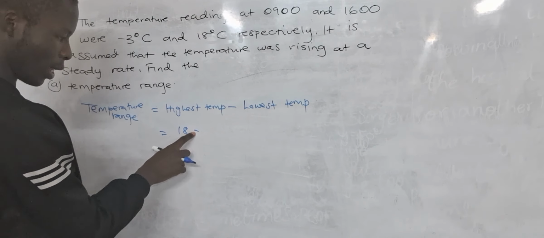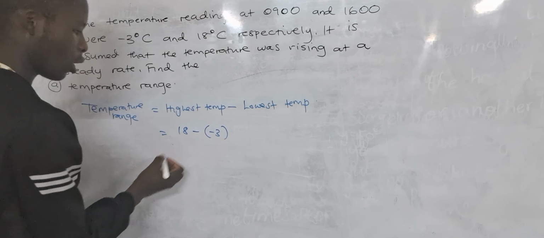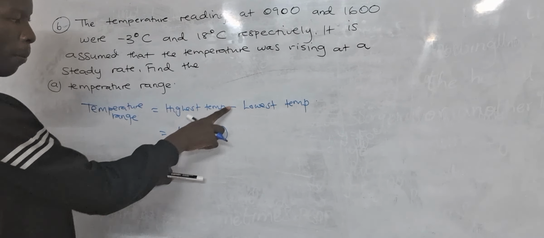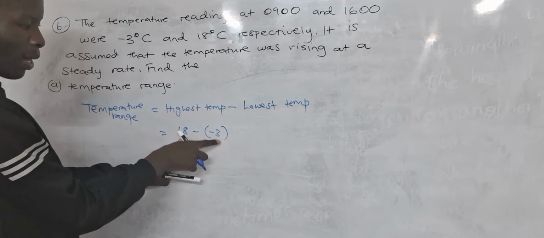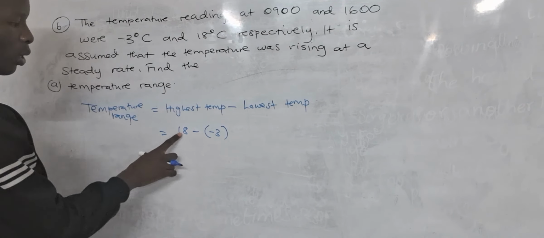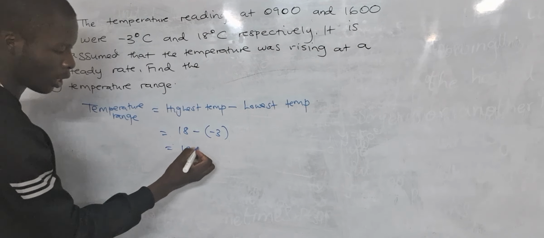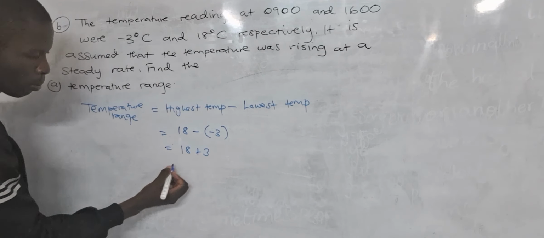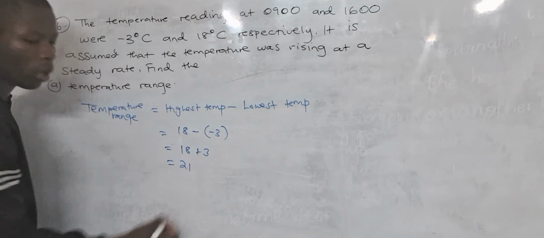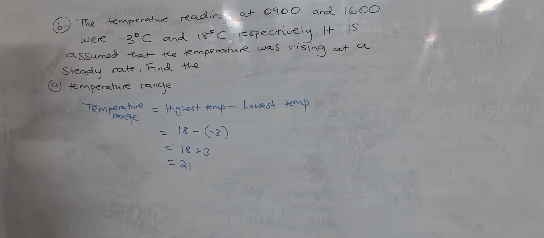So this is 18 minus negative 3. Please take note. This is where you make mistakes, guys. Please take note. This is 18 minus negative 3, and negative and negative will give positive. So 18 plus 3 is equal to 21. So this is the temperature range.